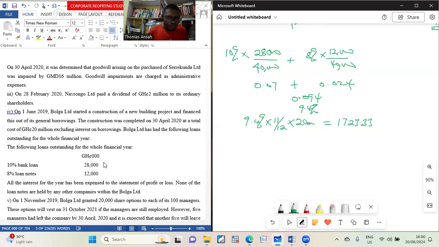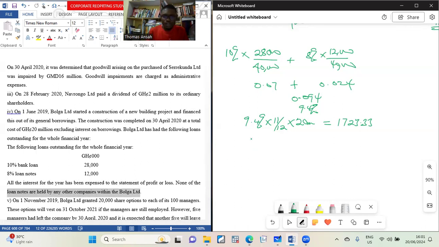All right. So the question went on to say that the construction was completed exactly on time, and we did that. So it was 20 million. All interest has been expensed in the P&L. None of the loan notes are held by any other company within Bulgar. So all interest expense.